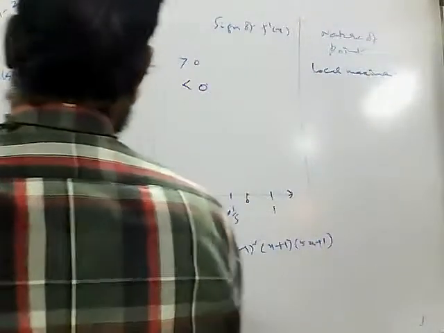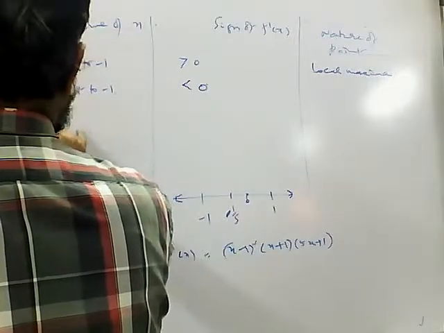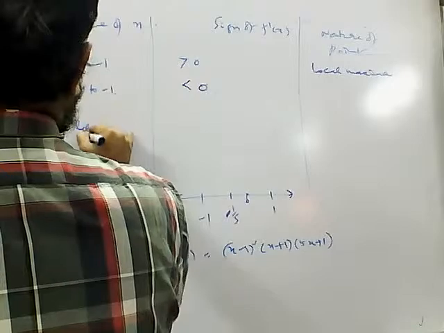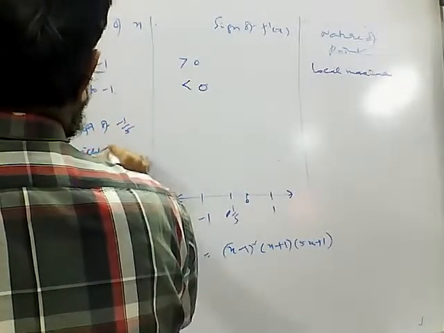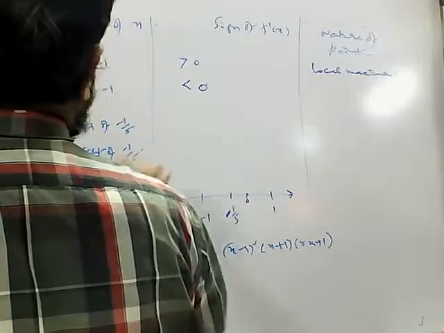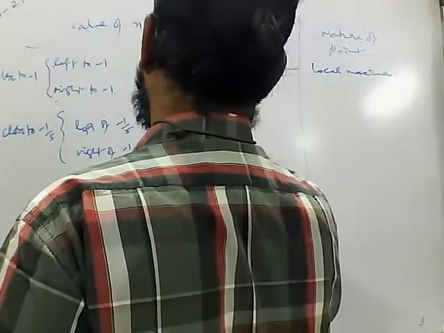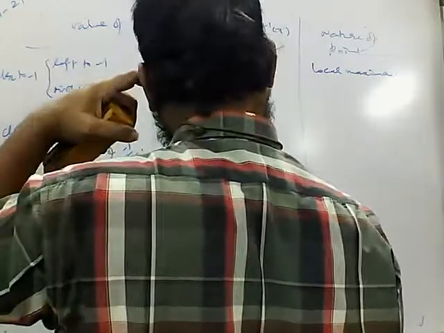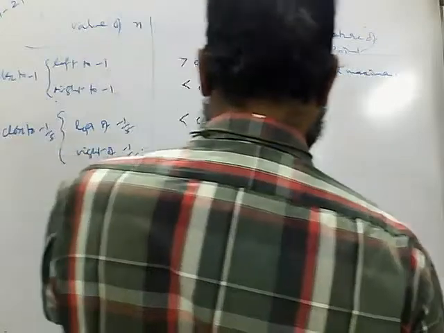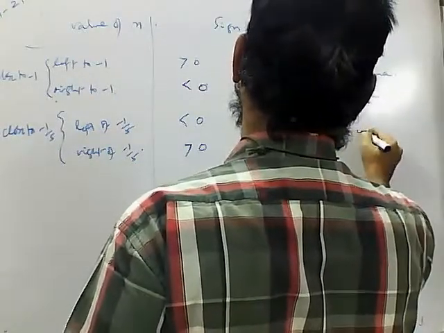Next, close to minus 1 by 5: left of minus 1 by 5 is less than 0 and right is greater than 0. Now, local minima.